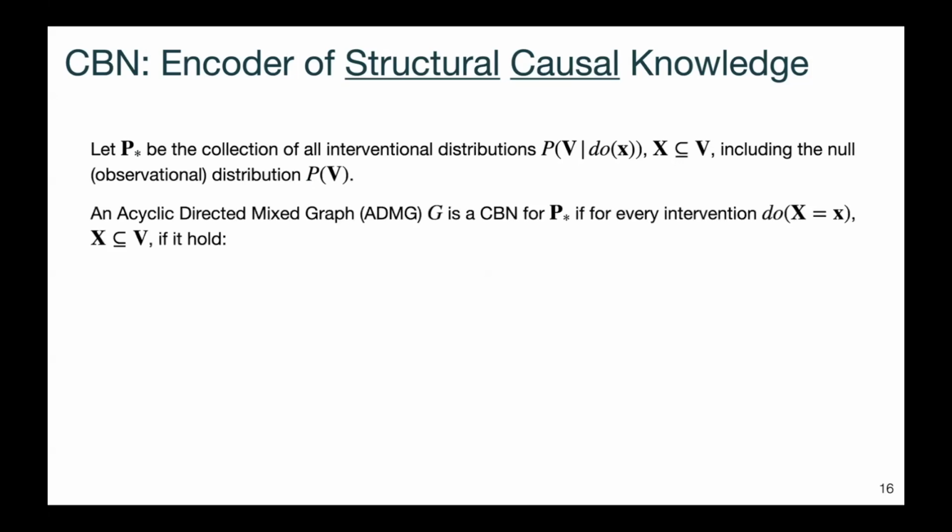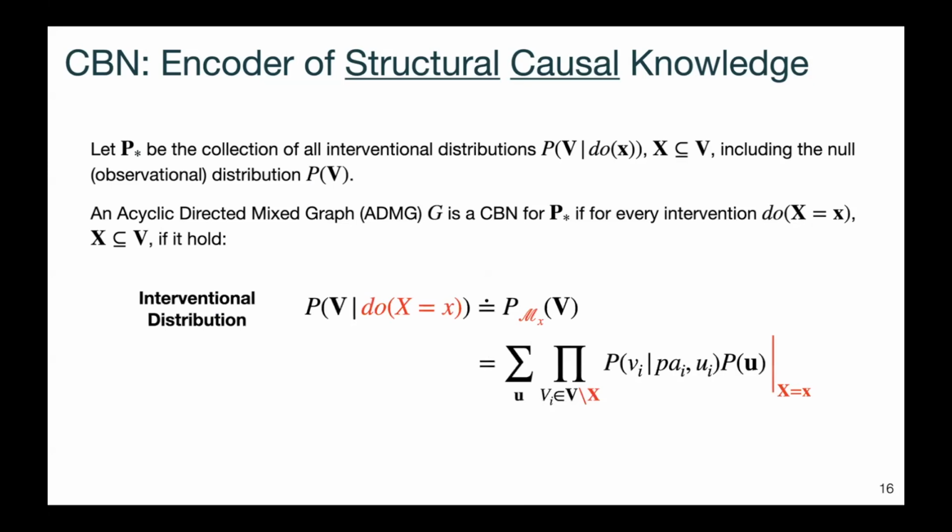If you have an ADMG as a causal Bayesian network, then for the entire collection of probability distributions given some do(X) for every X in the set V, this factorization holds, which is called the truncated factorization. You see that the difference is that X is no longer part of the product because X is fixed, so the probability of X being x is 1. You eliminate this factor and everything else is the same. That's the only difference.